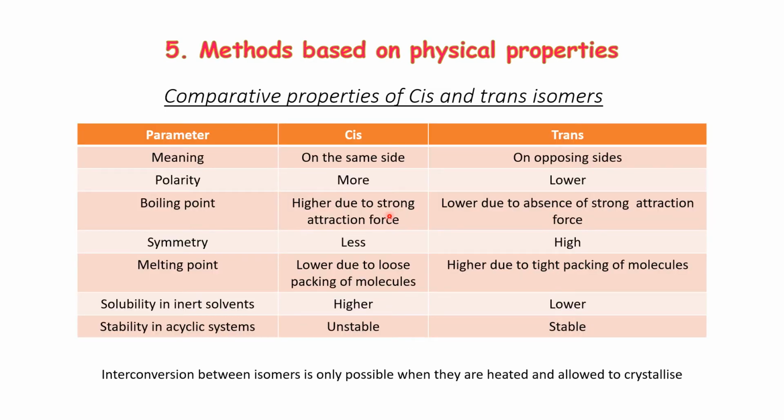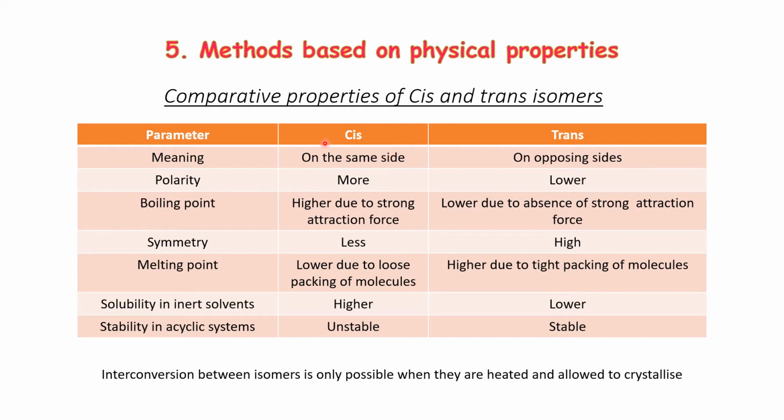Methods based on physical properties are perhaps the most widely used methods for determining configuration. It is because there are significant differences in the physical properties of these geometrical isomers, and they are even more evident when we have cis-trans isomerism because they contain identical groups. So it is more predictable what differences they will have.